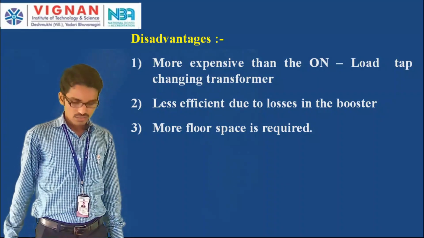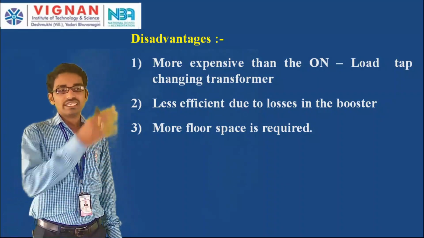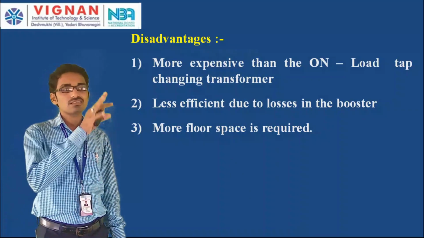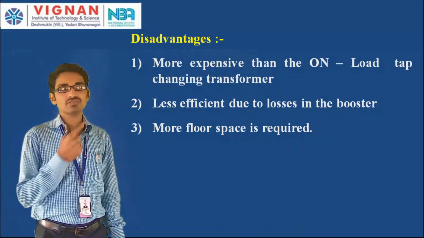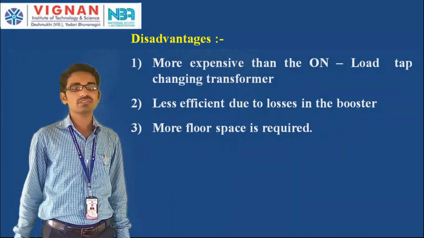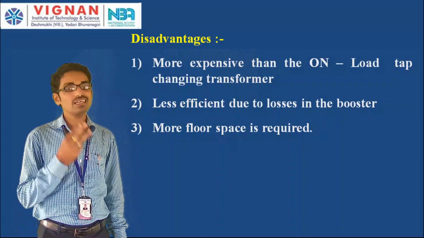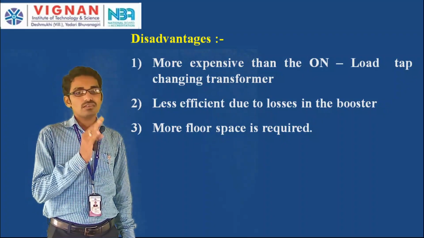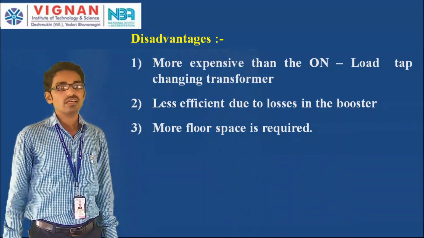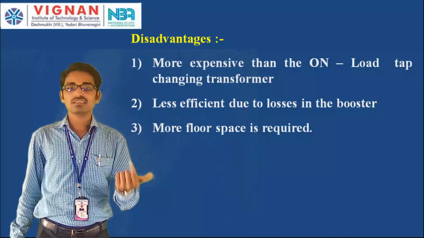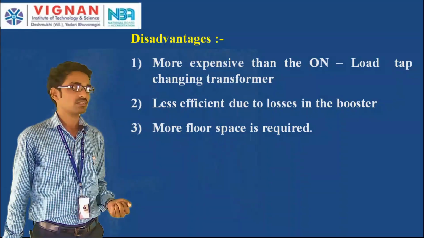With this, we have completed the receiving end voltage control. We have seen a total of 6 methods. The first one is shunt capacitor compensation, the next one is shunt reactor compensation, and the third one is series capacitor compensation. The fourth one is the synchronous phase modifier, the fifth one is tap changing transformers, and the sixth, the last one, is booster transformers.